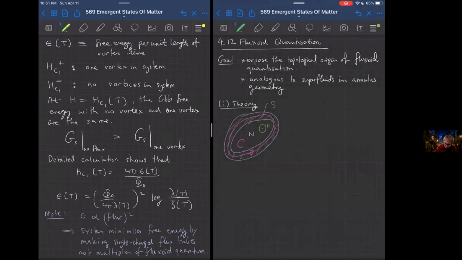There's a magnetic field coming up through the paper like that.